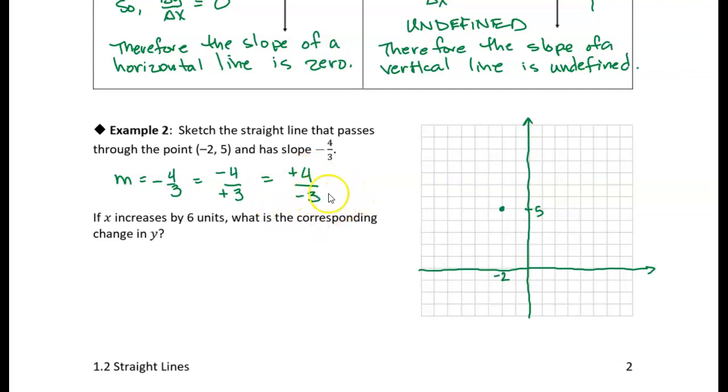Either way, I can rewrite this slope as either -4 over +3 or +4 over -3. It's the same slope, right? So that gives me an idea of where to go to get the next point, right?